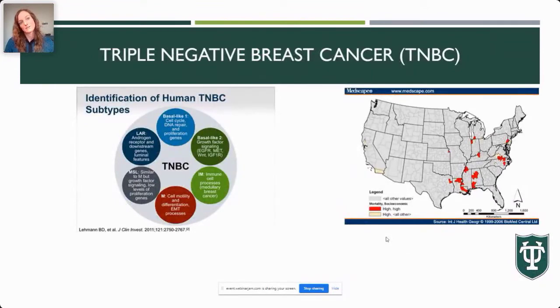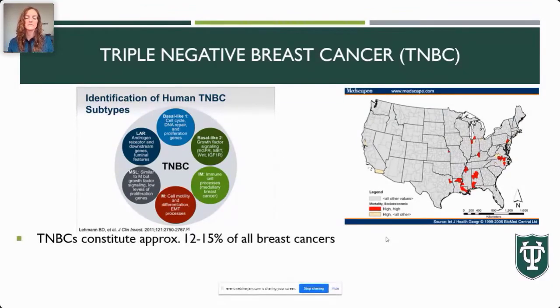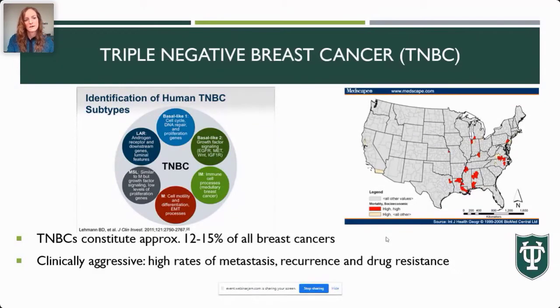Our group, as a breast cancer group, specifically focuses on triple-negative breast cancer, or TNBC. It's a subtype of breast cancer that's actually an umbrella term. It's all the breast cancers that lack expression of hormone receptors, so estrogen or progesterone receptor, and lack HER2/neu amplification, which are commonly targeted proteins in breast cancer and have effective therapies.